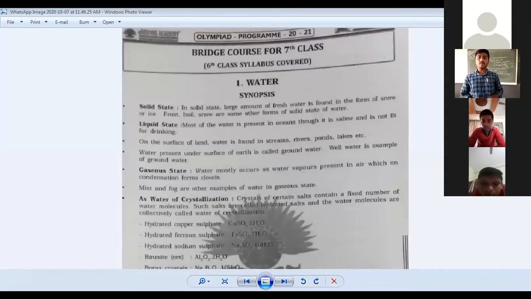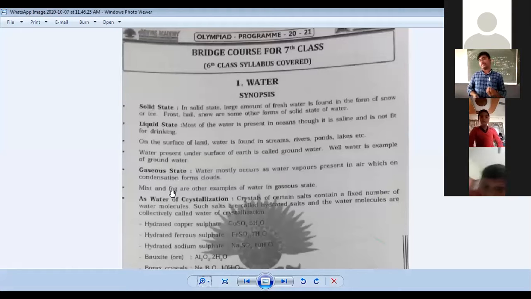So let us see one by one. How is the ice? You know very well how the ice is, and what is the frost and hail and snow, or some other forms of the solid state of water.